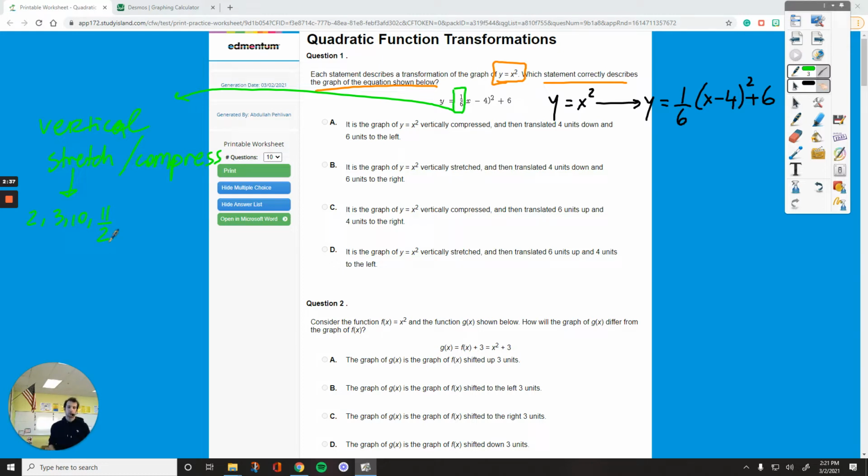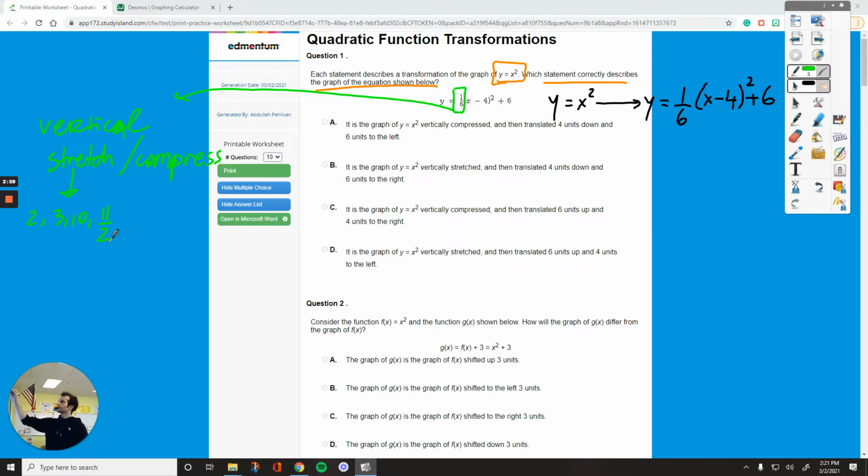They could be fractions or whole numbers, doesn't matter. They express vertical stretch. What that means is the graph is going to get narrow. If this was the original graph, when we do vertical stretch, it'll look like this.